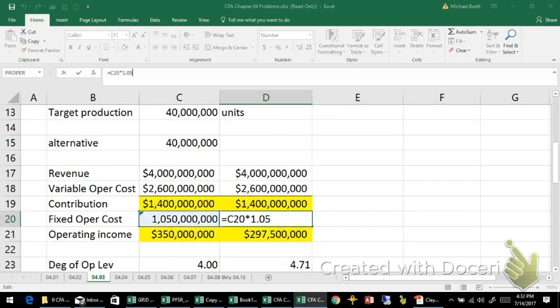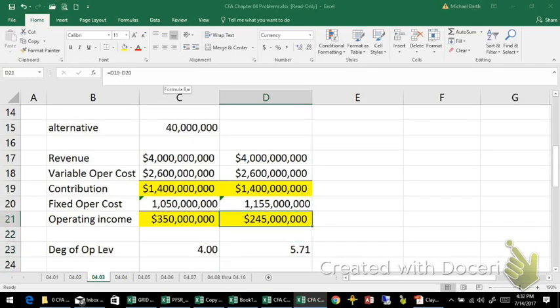If the costs were 10% greater, the higher the proportion of fixed cost to total cost, the higher the degree of operating leverage. So with no change in the revenue and no change in the variable, but simply having higher fixed operating costs, that would cause the degree of operating leverage to go higher.